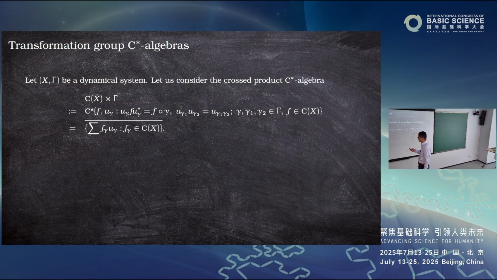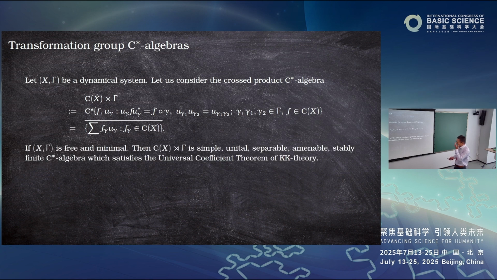Then you take a closure. There is a way to put a C-star norm, then you take a closure. So this is our C-star algebra out of this dynamical system, and we want to look at the structure of this C-star algebra and see if we can recover some information of the dynamical system or not.